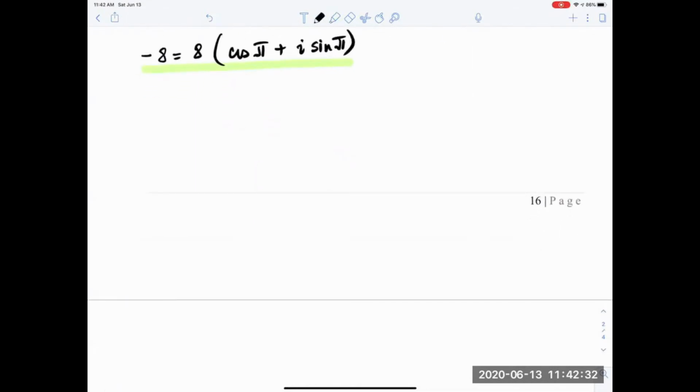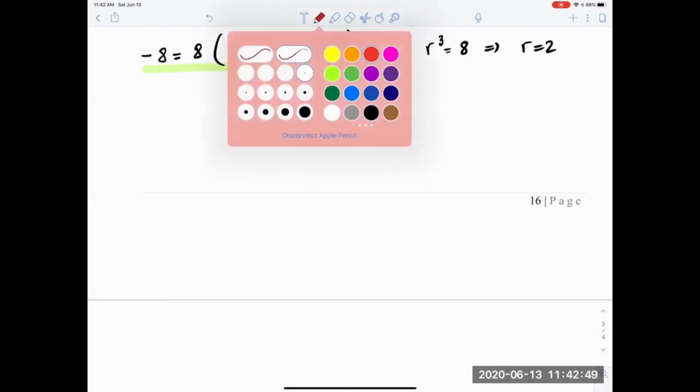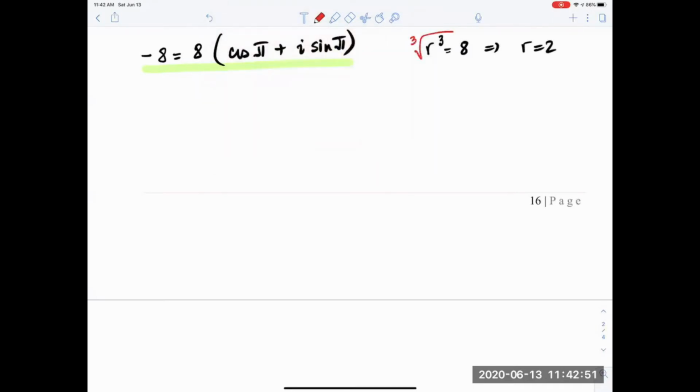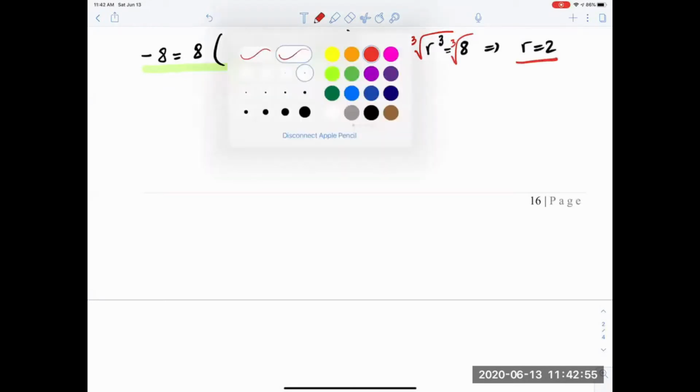So we have to look at how we calculate this. First of all, we have r to the 3rd power equal to 8. And so r is equal to 2. If you extract a root of order 3 of that, you get r equal to 2.